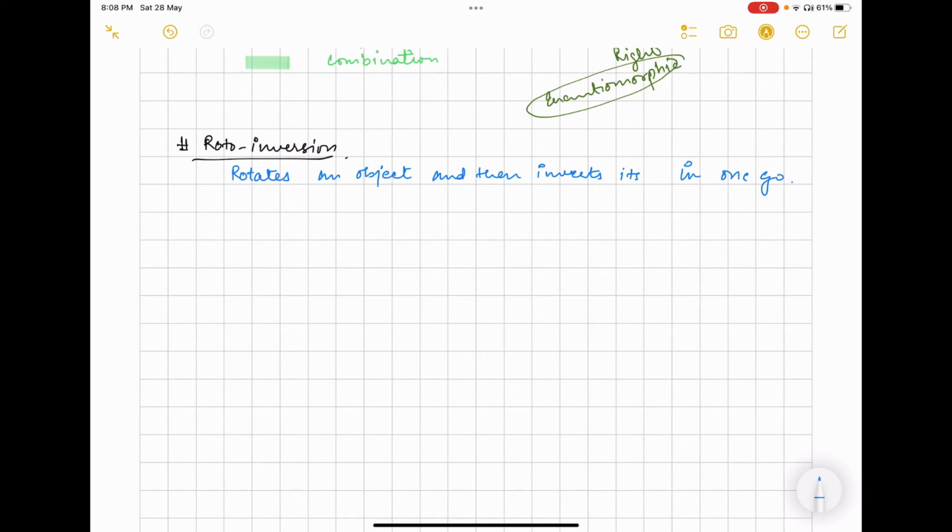So it leaves another point only after both the operations have been performed simultaneously.